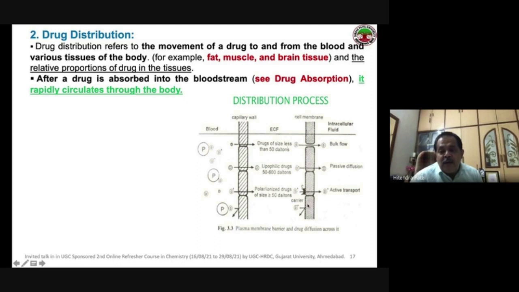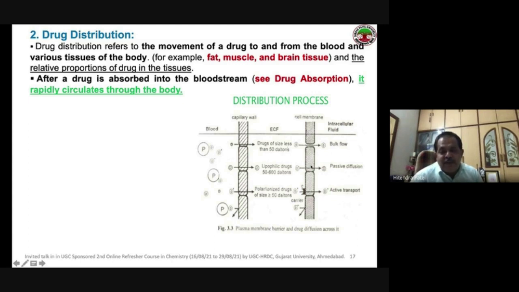How does it cross the cell membranes? If you have a size less than 50 daltons, then they easily pass into the other compartment, that means the intracellular fluids. There is a bulk flow, and here it is a passive diffusion, and here there is an active transport.